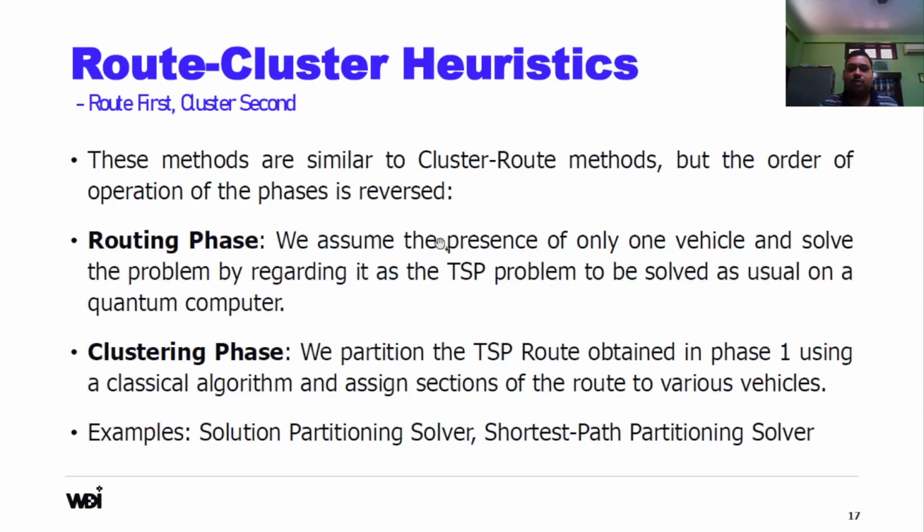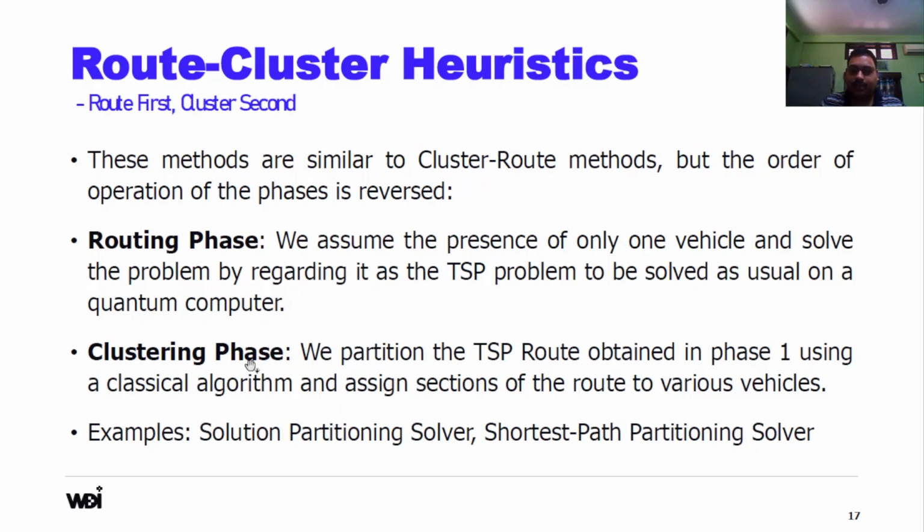Moving on to the route-cluster type of heuristics. In this type of heuristics, we essentially perform similar steps as in the cluster-route type of heuristics, but the ordering of the phases is reversed. So we first solve the traveling salesman problem for the entire set of nodes. We assume a single vehicle is present in our vehicle routing problem and solve it by treating it as a traveling salesman problem.